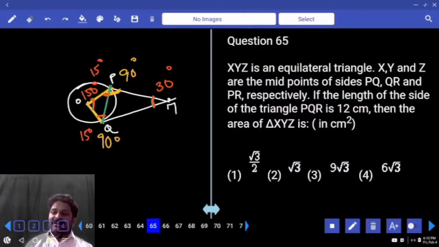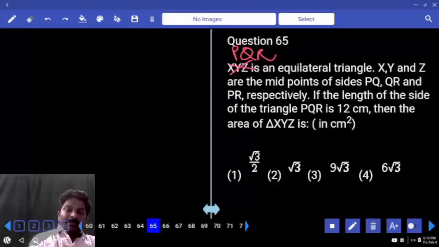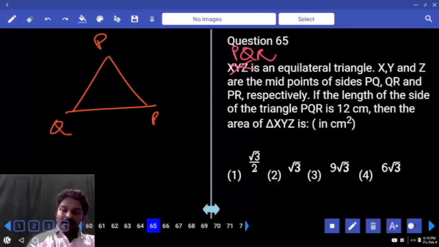XYZ is an equilateral triangle. X, Y, Z are the midpoints of the sides PQ, QR, PR respectively. The length of the side of the triangle, it cannot be XYZ, it must be PQR. PQR is an equilateral triangle. X, Y, Z are midpoints of PQ, QR, PR.